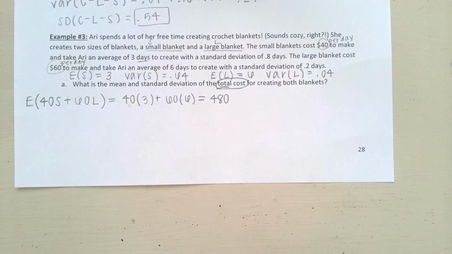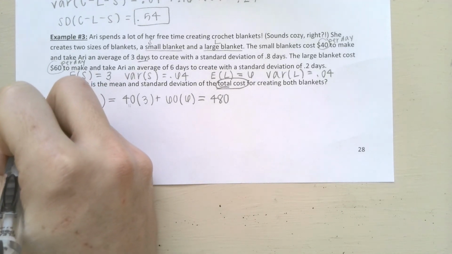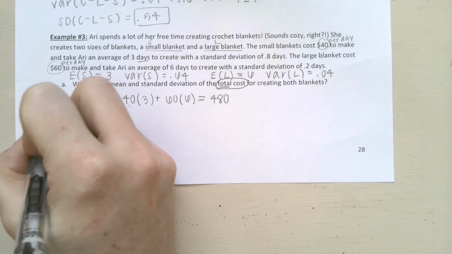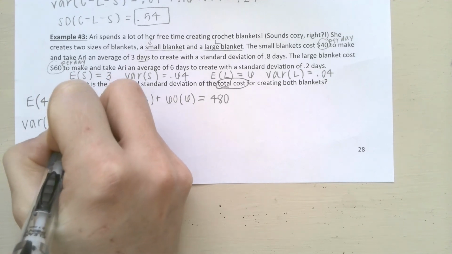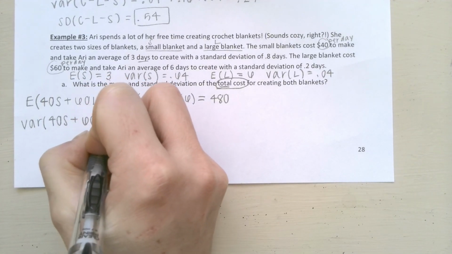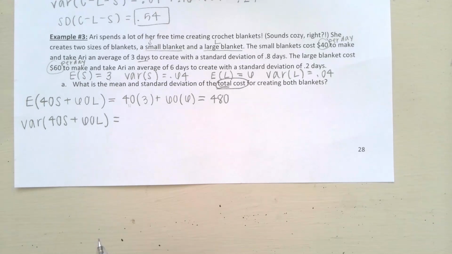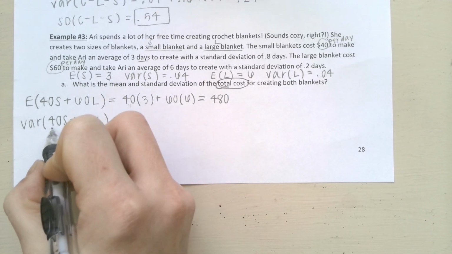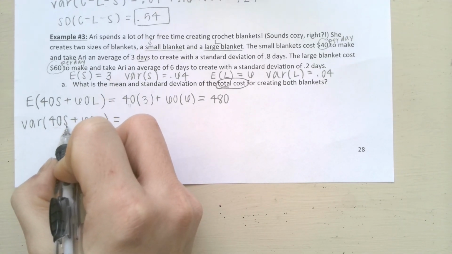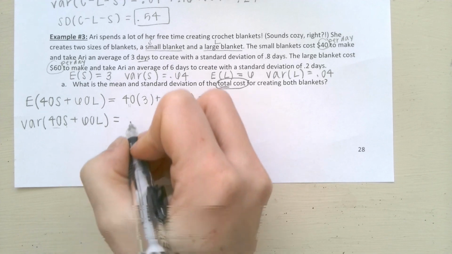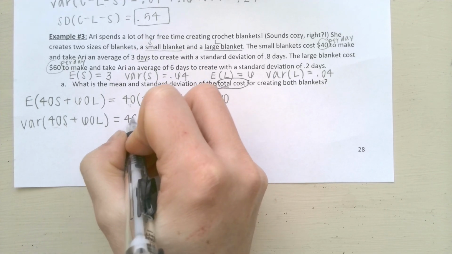That's a very expensive blanket, so I don't know what kind of crocheting Ari's doing, but it's costly. Let's go ahead and find the variance. Still doing 40S plus the 60L, so it's for that cost. Okay, remember here that when we have that constant that's being multiplied and I'm finding the variance, I need to make sure that that is squared.